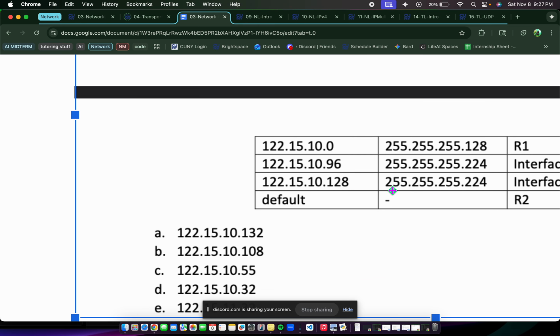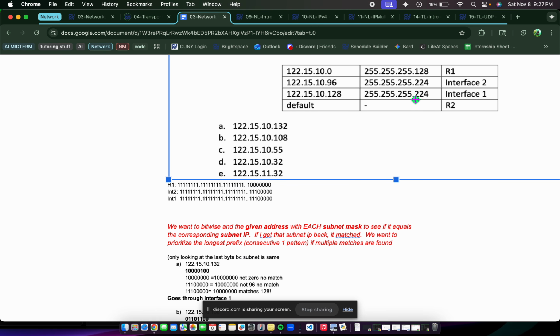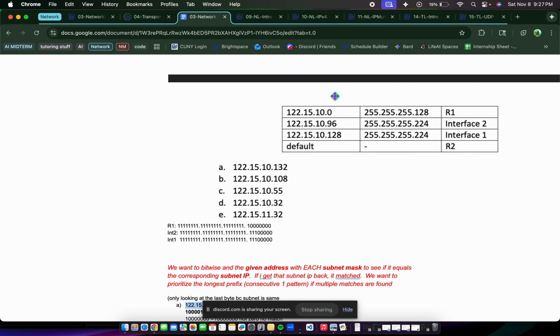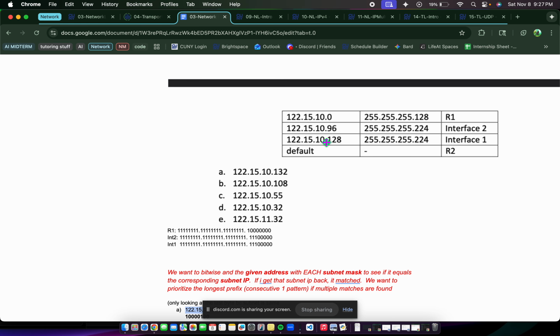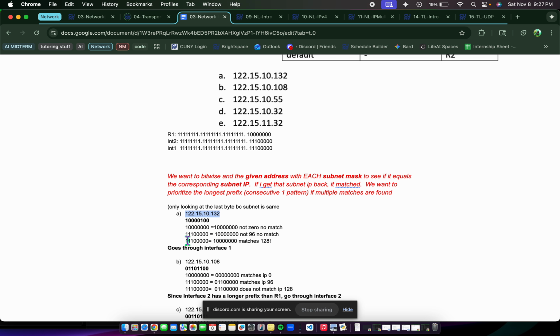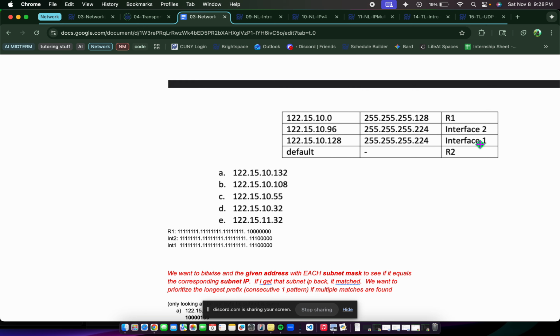Now, interface 1's corresponding address has 128 at the end. That means that they match. So when I took my subnet mask and bitwise ANDed it with the address that I'm given, I only got back the subnet ID, which was this 128, meaning that interface 1 is the only one that it goes through.